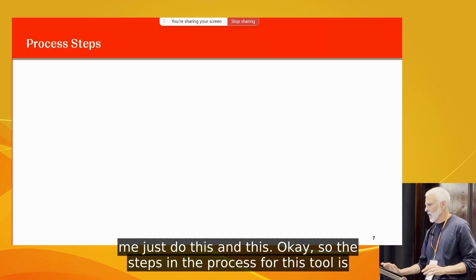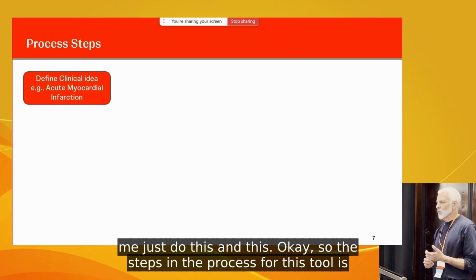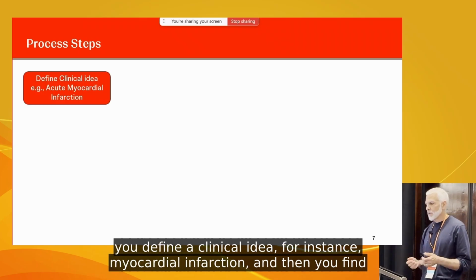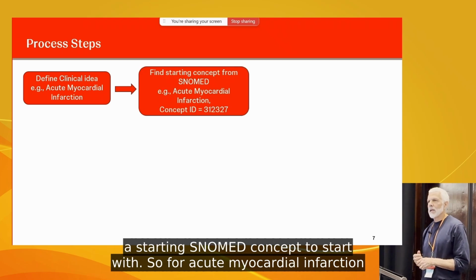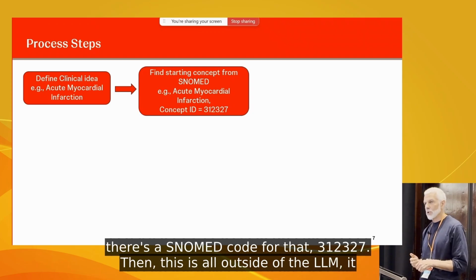So the steps in the process for this tool: you define a clinical idea, for instance, myocardial infarction. And then you find a starting SNOMED concept to start with. So for acute myocardial infarction, there's a SNOMED code for that, 312327.